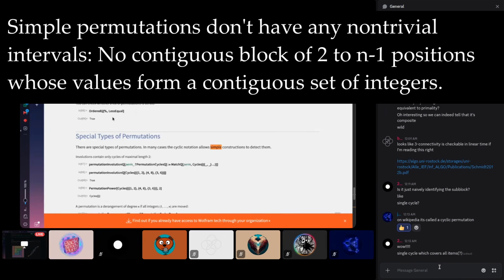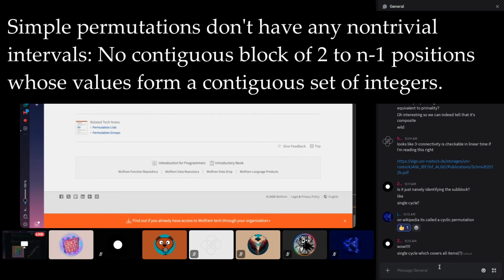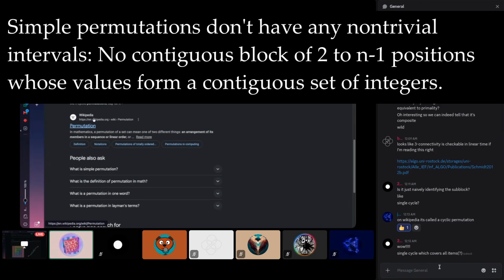Special types. A single cycle which covers all items, or the trivial cycles. So either you have the full cycle or you have the trivial cycles of length 1.